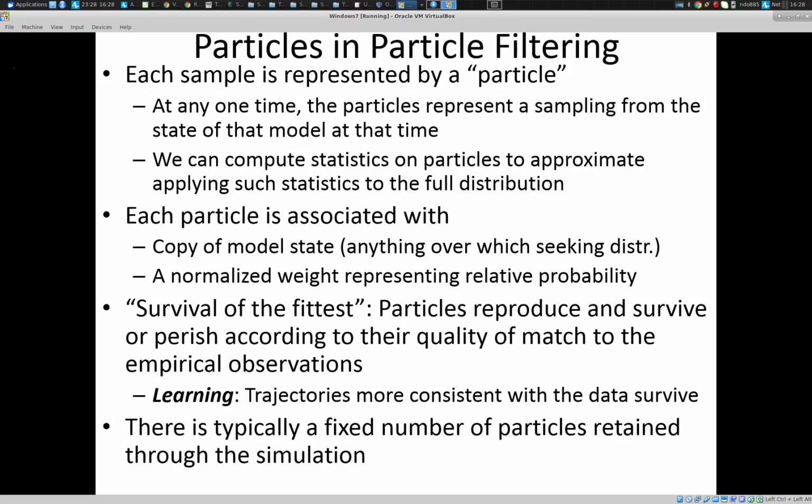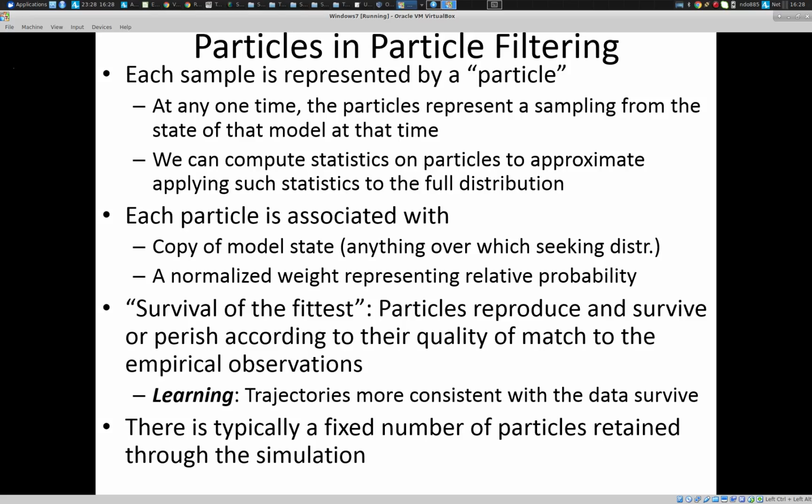It's also associated with a weight, and that weight represents the credibility we've lent to this particle. I'll describe how that's calculated. It's key. And it's a weight in the same sense as in importance sampling. We associate each sample from a proposal distribution with a weight. The overall idea behind particle filtering, if you don't want to go into the mathematics, is that there's a survival of the fittest of these particles.